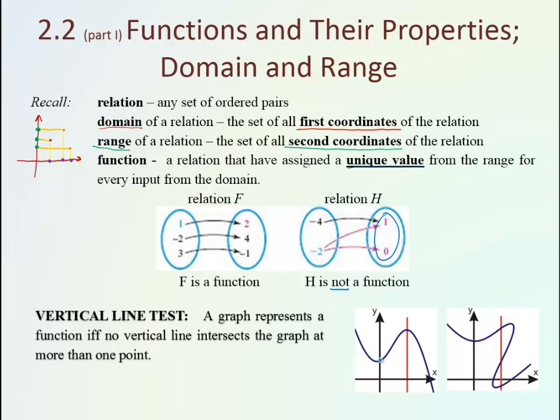If we have a graph of a certain relation, for example, like this or like that, then we have a very easy test to detect if something is a function or not. If for any choice of a vertical line, such a vertical line passes the graph only in one place, then such a curve is a function.